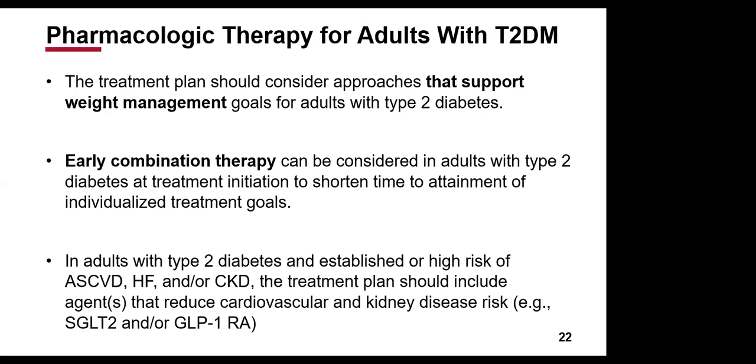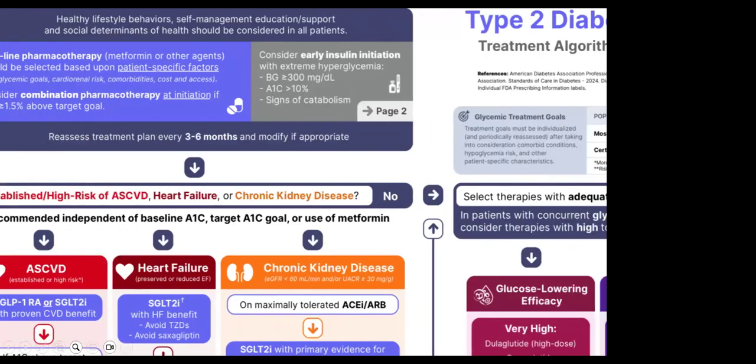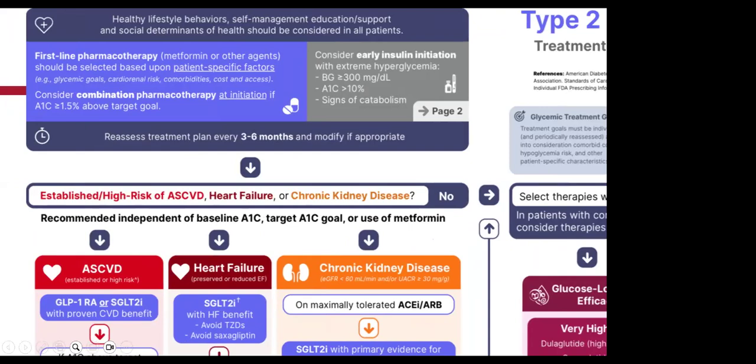Things like the SGLT2 inhibitors and the glucagon-like peptide 1 receptor agonists. So this is an algorithm, I'll try to make sure it is visible, for treatment of type 2 DM.